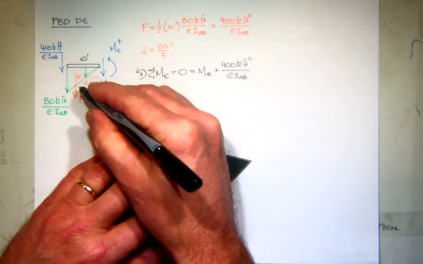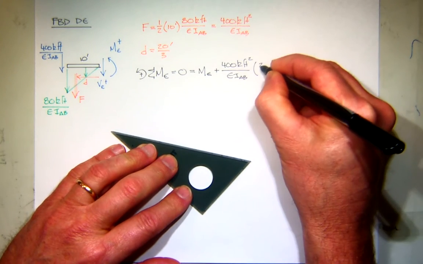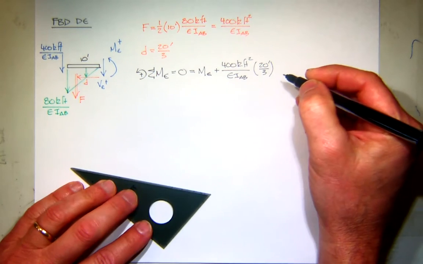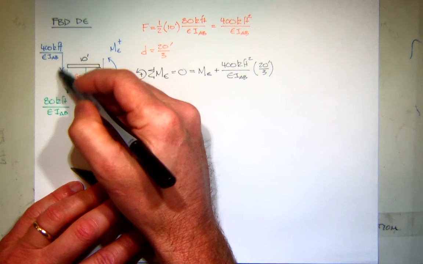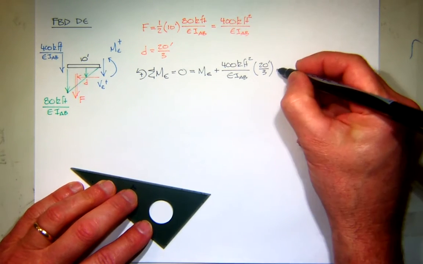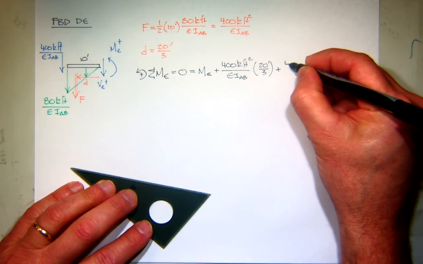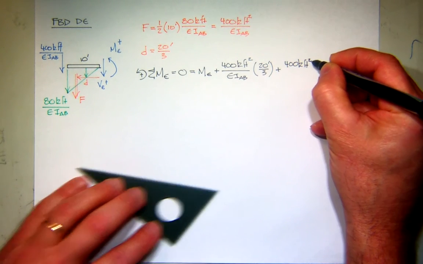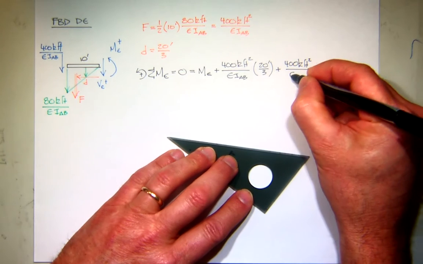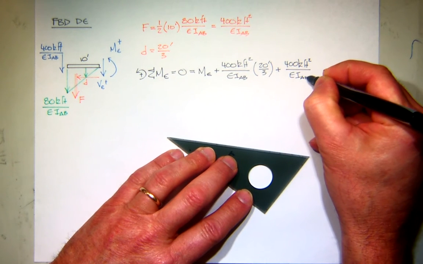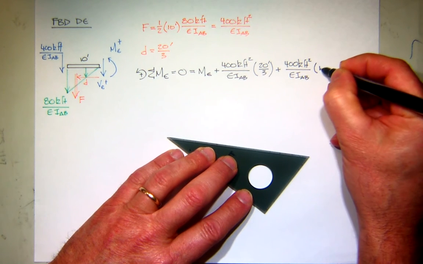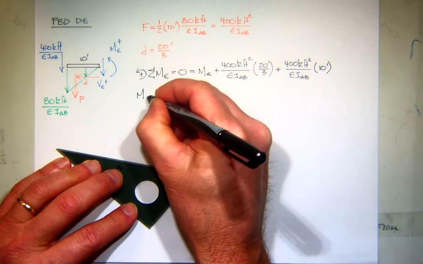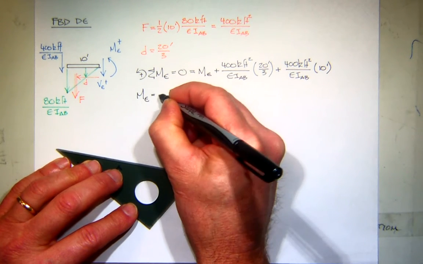That's the force times the distance, which is 20/3. And then the shear that got transferred at point D is also positive moment. It's also 400 kip-feet squared divided by EI_AB, except its moment arm is 10. It's a lot of work, but we should see that the moment at E looks to be negative.